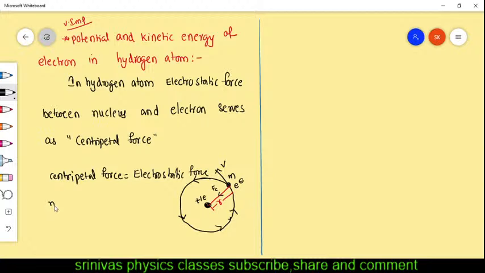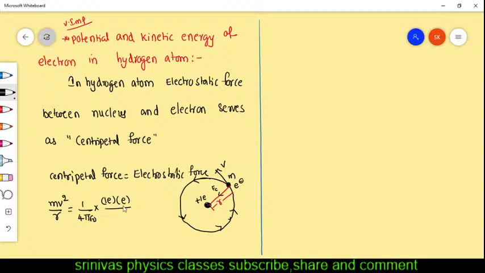What is the formula for the centripetal force? mv square by r. What is the formula for the electrostatic force? 1 by 4 pi epsilon naught into q1 q2 by r square, Coulomb's law. Here q1 is plus 1e and q2 is the electron charge, but we should not take the minus; we take 1e into e only.